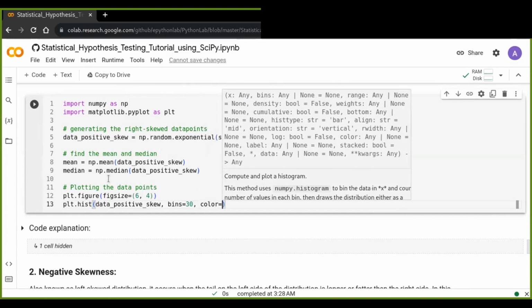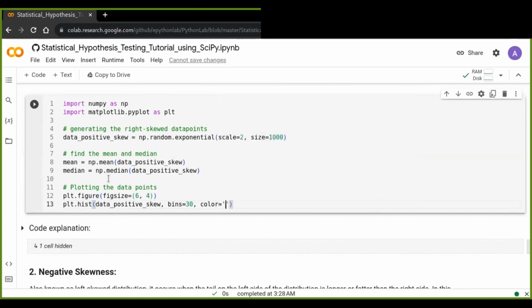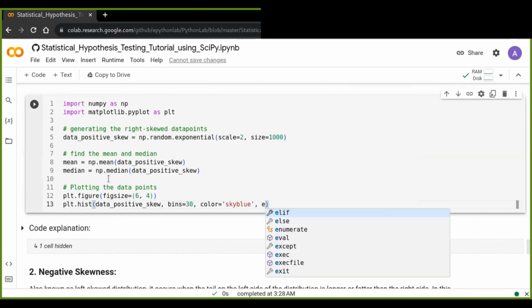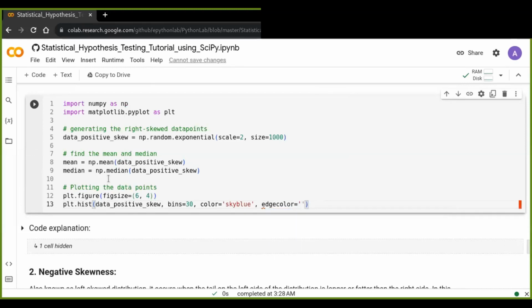And the color, we can identify colors to sky blue, and edge color deep blue.